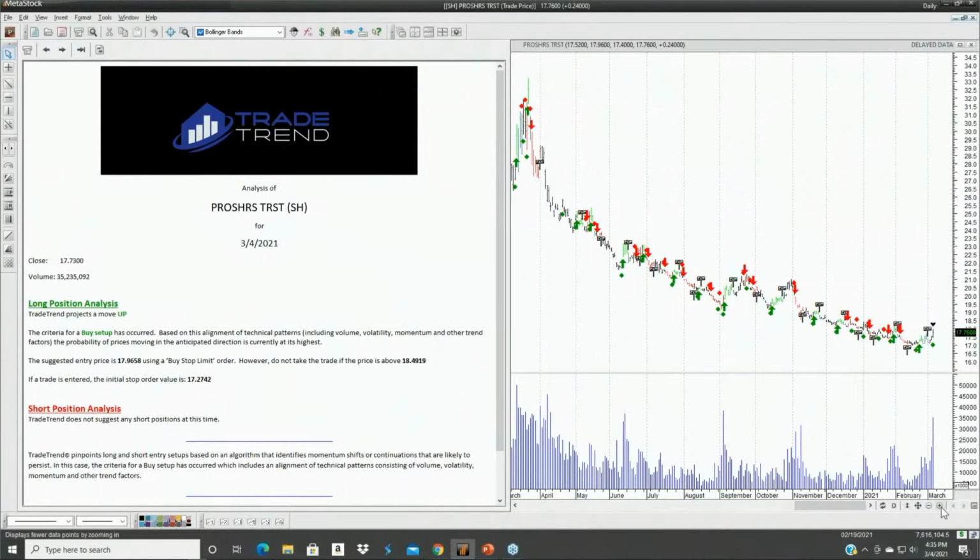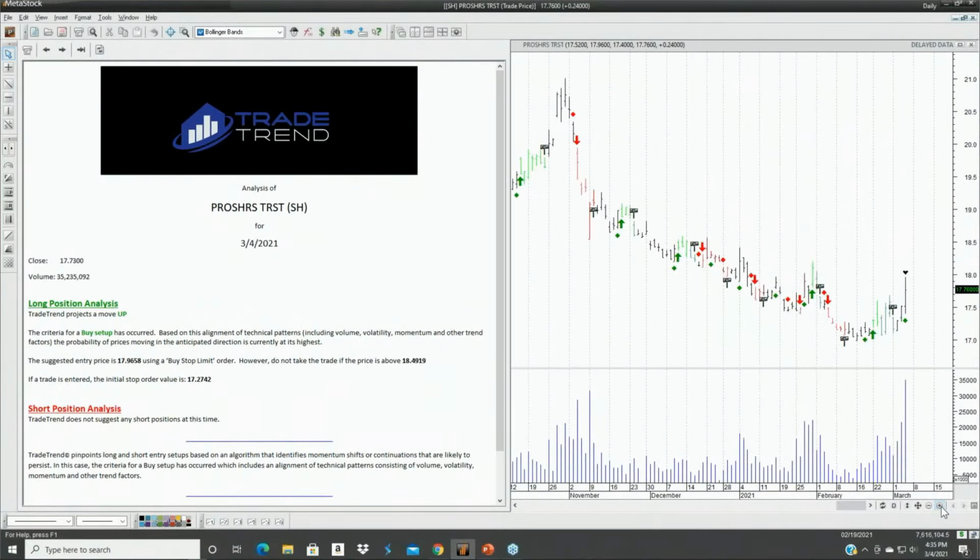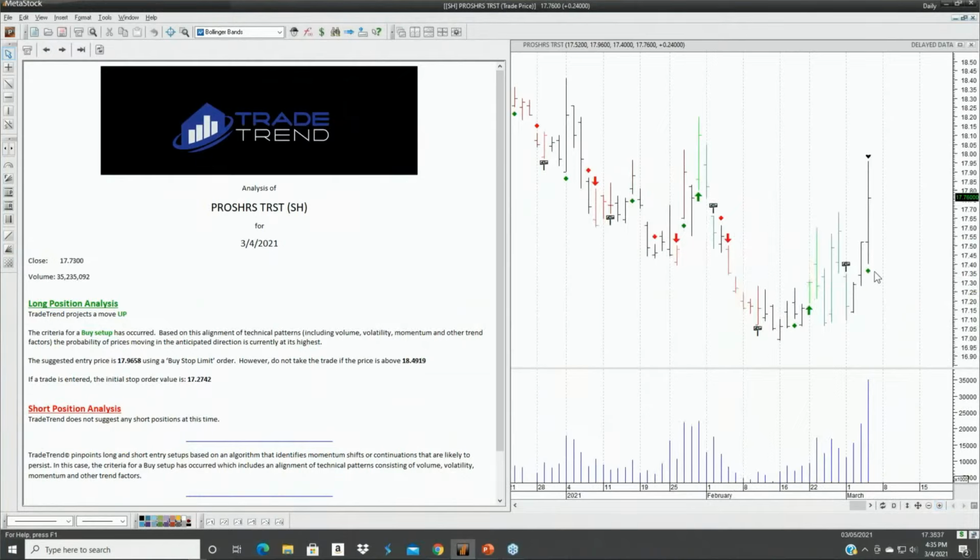Yeah, so interestingly, we have a buy warning today on the SH. So everything should pretty much work opposite of the SPY if this is inverse, assuming it's not leveraged, which it doesn't look like it is. When you get into the 2x and 3x leveraged ETFs, the inverse signals are not going to match up directly to the ETF or the index.